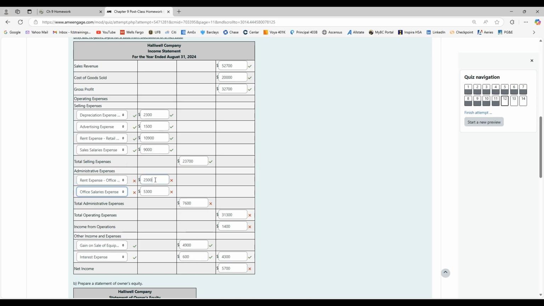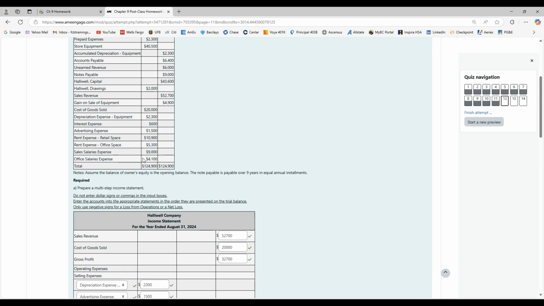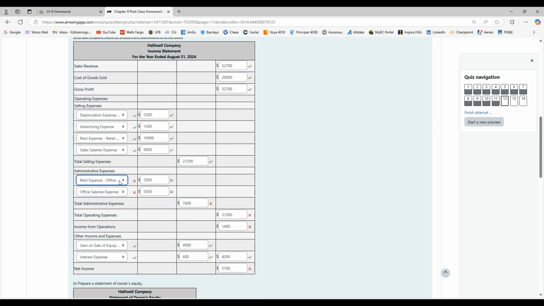That doesn't seem right. No, let me give it a try. Let me do it the other way. It really should be the other way because that's what they're telling us here, do it in the order that it's in the trial balance. Oh no, office salary expense is below on the trial balance. It's the last one, so goofy.